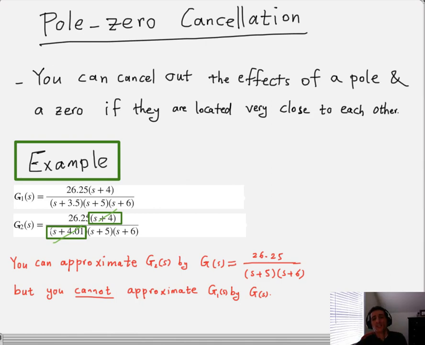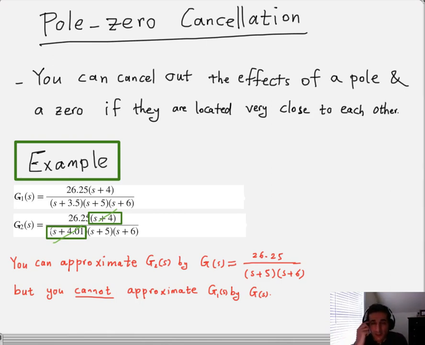Now this gives you another way to approximate the response of higher order systems. For instance, you can have a system that has one zero and 4 poles. If one pole and one zero are very close to each other, you can just cancel them out, and approximate the system by a third order system.